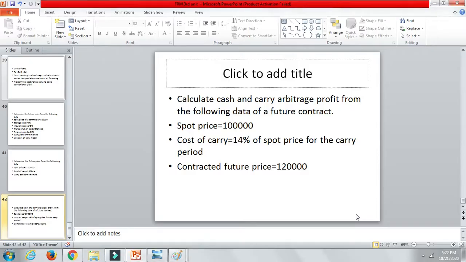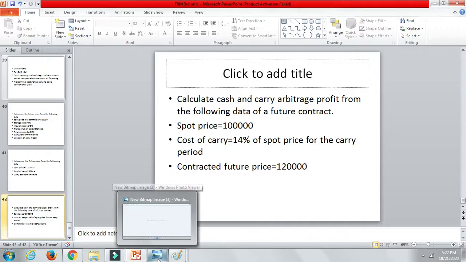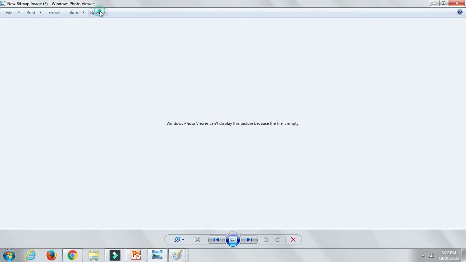Yeah. So let's do this problem. It is similar to this problem, I guess, if you check it out. 14% it is, 1 lakh spot price it is. Unless you get confused, I'll do it on a fresh page only.